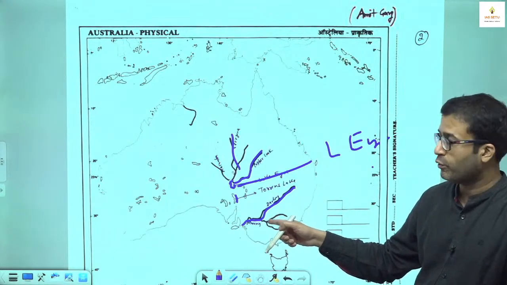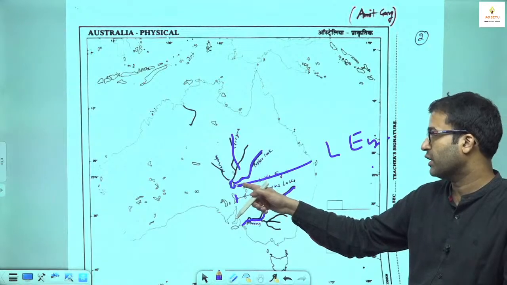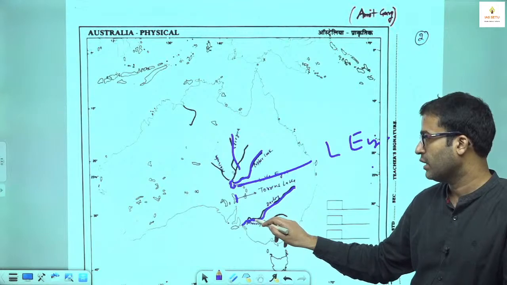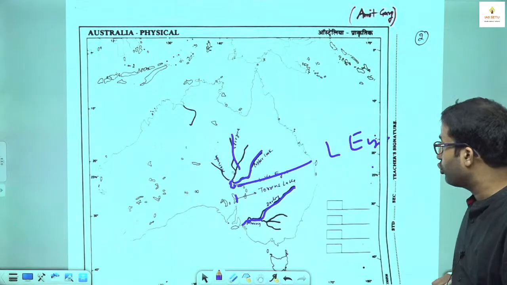Now first I give you information on the Murray Darling, then we will see Lake Eyre. For Lake Torrens, you just remember the location: Lake Eyre and the Murray Darling Basin. So we put the heading Murray Darling Basin.